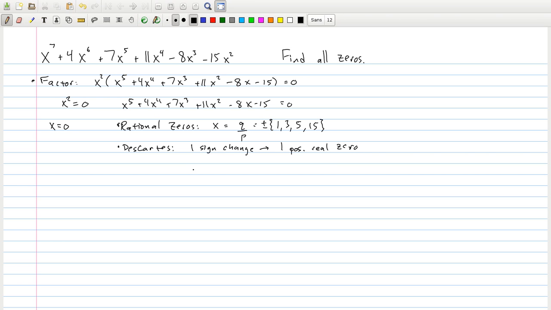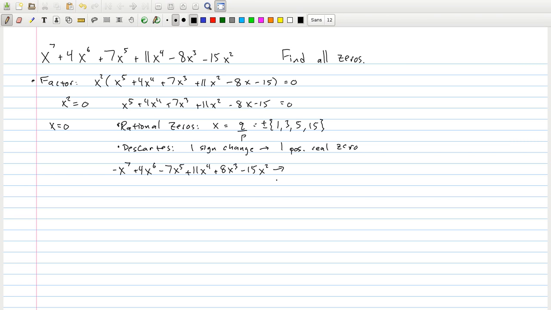If we look at the negative real zeros, so this amounts to replacing all the x's with negative x. This gives us the new polynomial negative x to the 7th plus 4x to the 6th minus 7x to the 5th plus 11x to the 4th plus 8x cubed minus 15x squared.